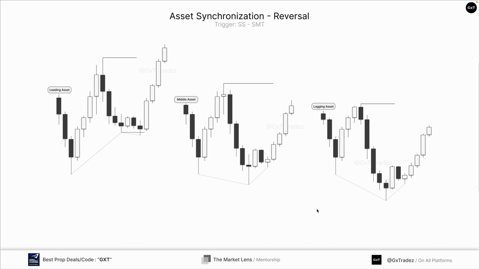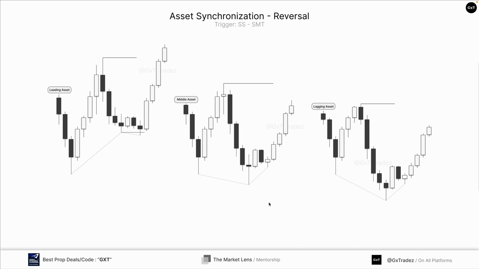So now we're going to go over asset synchronization, and the trigger will be SMT with a swing high or low. This typically happens when we get our original SMT, but we do not reverse. So maybe price consolidates and we need to resweep. I'm sure you see this a lot, where we reverse after sweeping at the low. This also happens where you get a double sweep for the lagging assets.